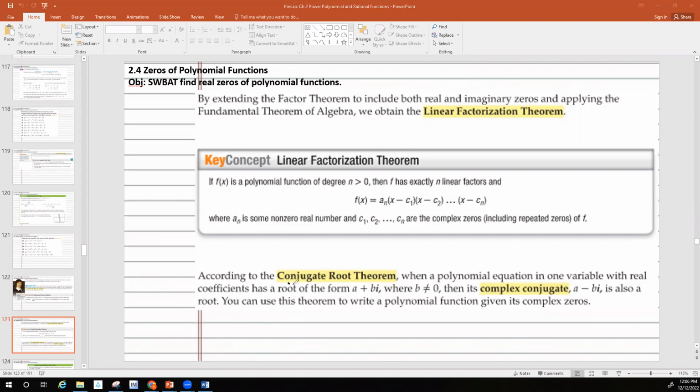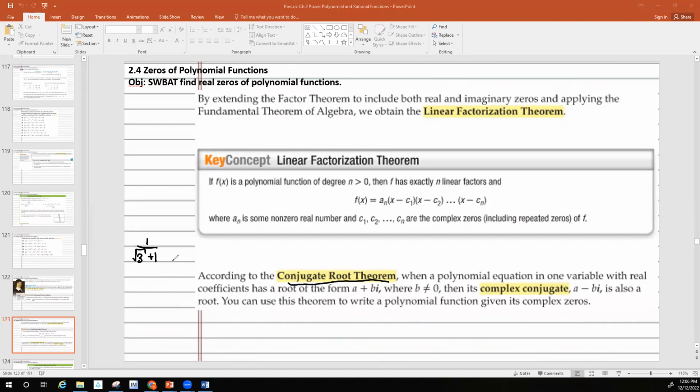And then we have this conjugate root theorem. Now, this is one that you saw in Algebra 2. Remember those radicals? 1 over square root of 3 plus 1.